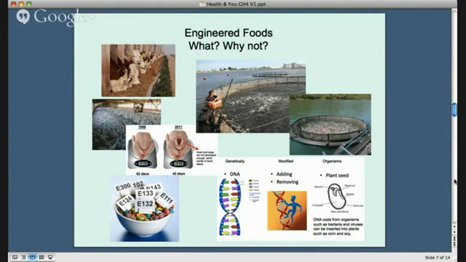A lot of them include antibiotics to either remove infection from the environment in which they live, such as the fish, but it also can be to change the gut flora so that the fish and the animals actually grow fat faster. And the other thing that I'm going to include in engineered foods is these chemicals, the artificial chemicals and flavourings that go into foods. These things should be excluded from the ideal diet.